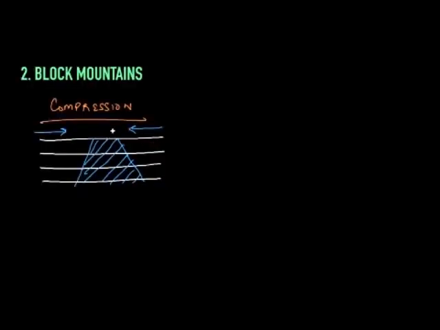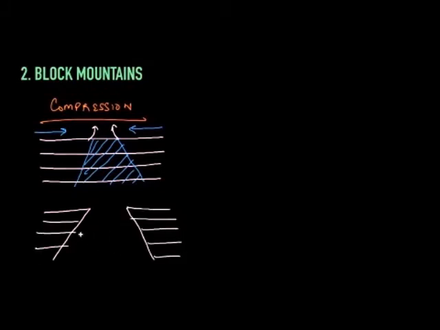Then we also have block mountain. We said block mountains are caused by displacement due to faults that occur on either side of the block when compressional forces or tensional forces are acting on the earth's surface. An example of such a fault is a normal fault that is caused by tension. Then we also have a thrust fault that is caused by compression.